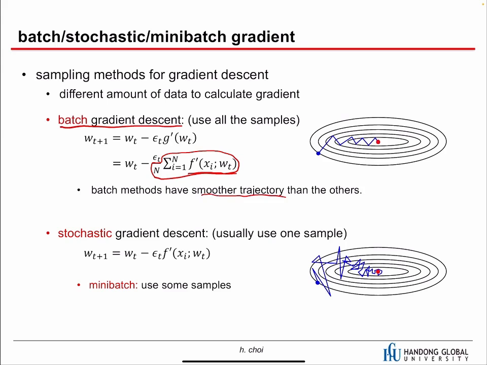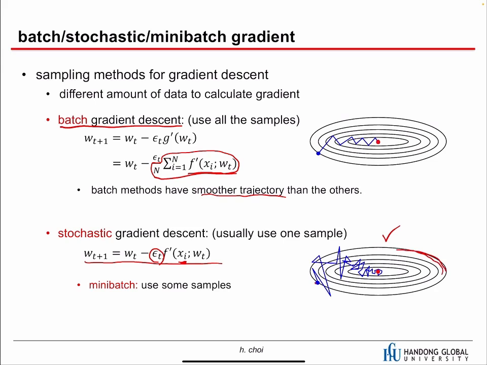But stochastic means we actually use one sample at a time. Then the update rule looks like this, with one specific sample. In this case, the learn rate should be small, obviously. But even with a small learn rate, the learning trajectory looks like this, because sometimes one sample would be an outlier. Sometimes there is a mislabeled data sample. This contour is based on the batch gradient.